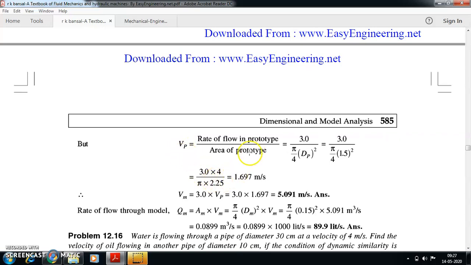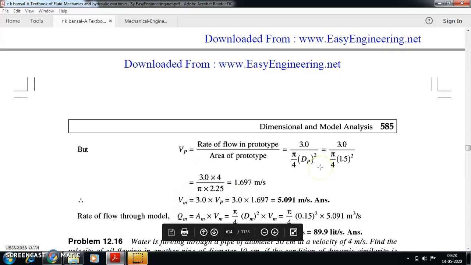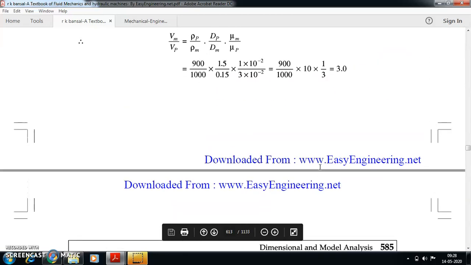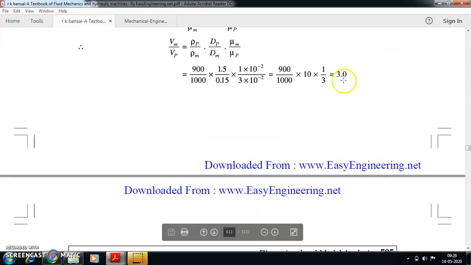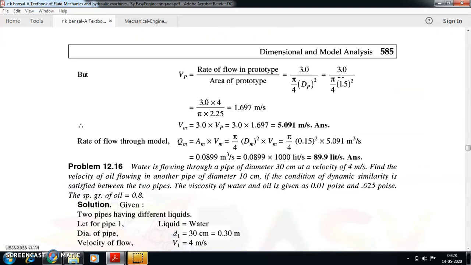You have to be very careful. You have to use the area of the prototype, and the prototype diameter is 1.5. So use the same value over here. Don't interchange with the model value. Now, after you find Vp, I can find Vm, because Vm divided by Vp is 3.0. So Vm is 3 times Vp. So I can find Vm.